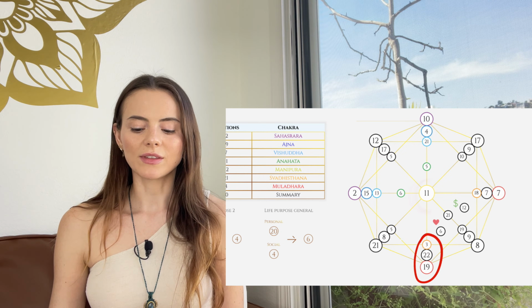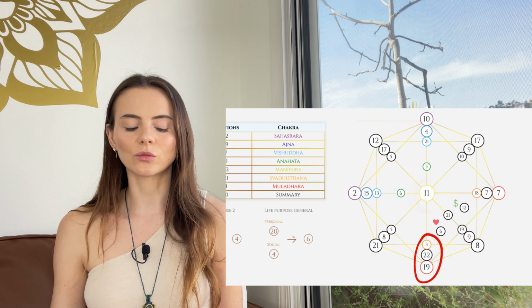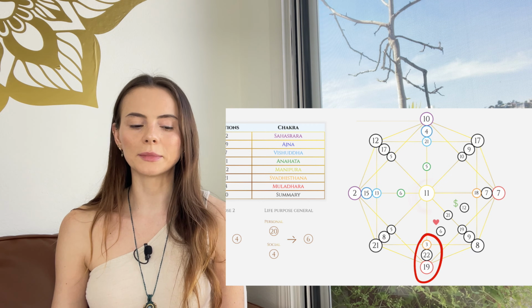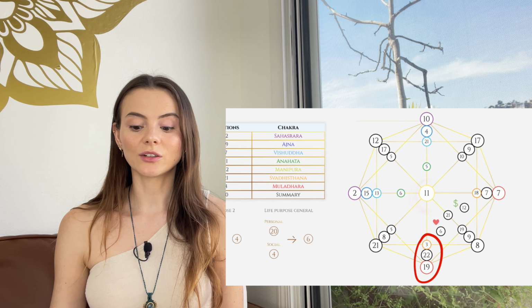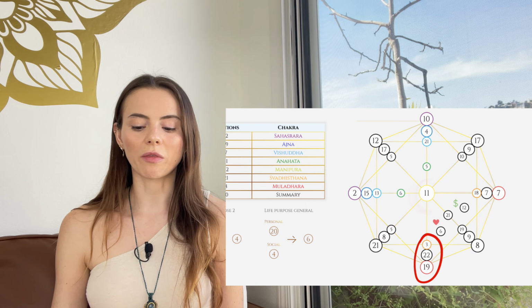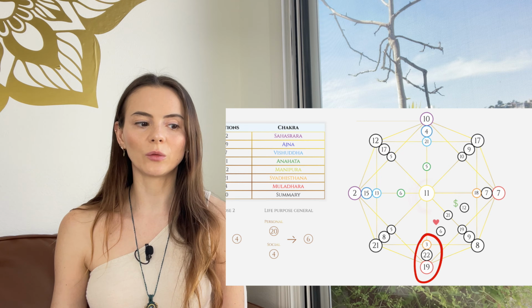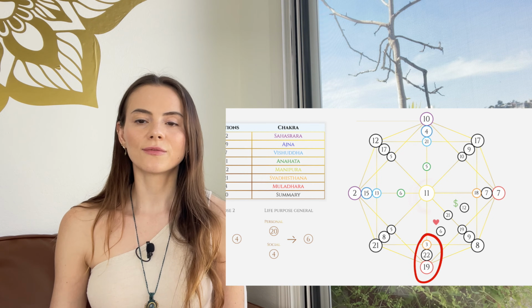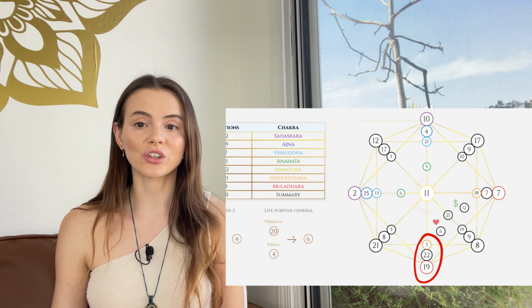Let's say in this case 3, the energy of the Empress, good relationships with your mother, femininity, women in general. If you see this energy, probably you did have some issues with that. You maybe were a woman who didn't really want to step into that feminine energy, or maybe you were a man who was in bad relationships with women.